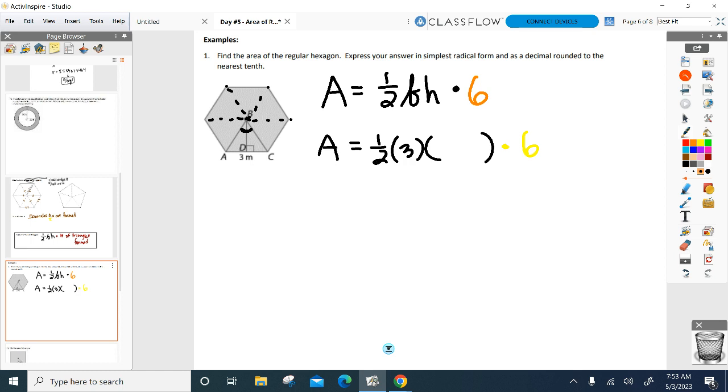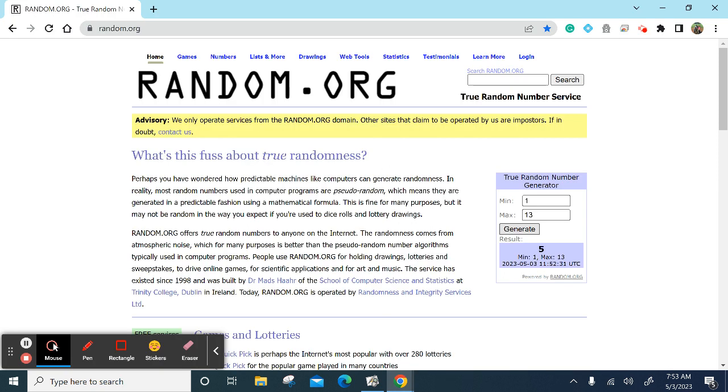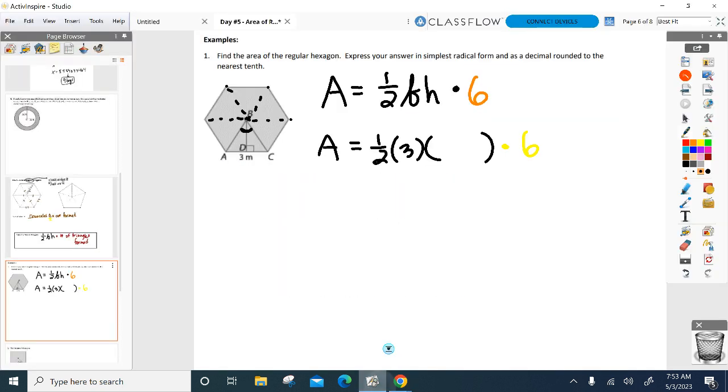How can you find just one of the angles? What's your process here? What do you think they all add to? 360. And then there's 6 of them, so divide by 6. So one of those angles is going to be 60 degrees.